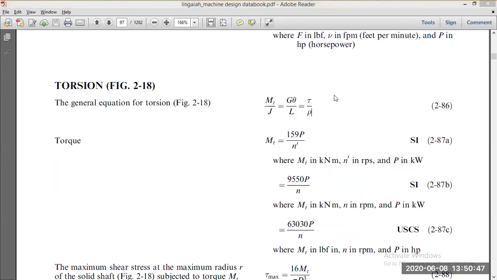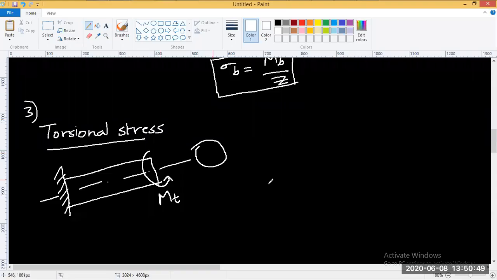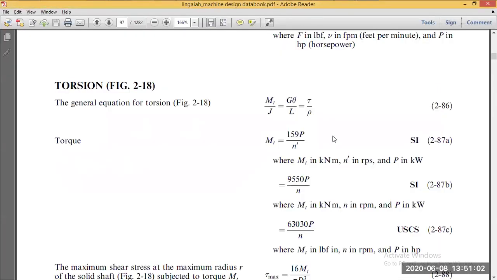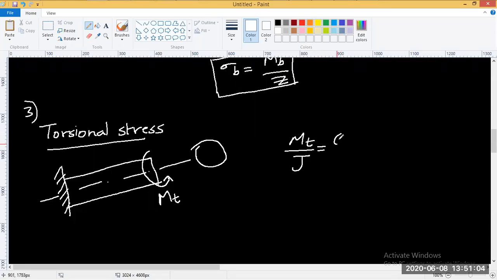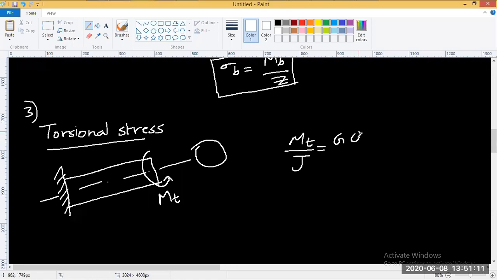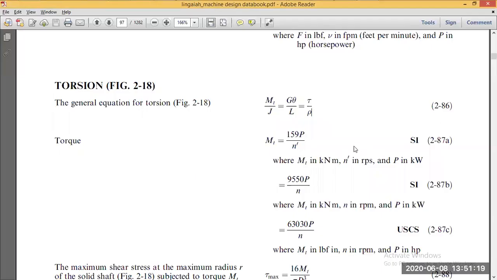So I have Mt. Let me write that equation. It's Mt for torque over J. J is called the polar moment of inertia. Instead of I, it is J. So this is equal to G. G is called the rigidity modulus, and theta, that is the angle of twist, over L. L is nothing but the length of the body, and this is equal to tau.